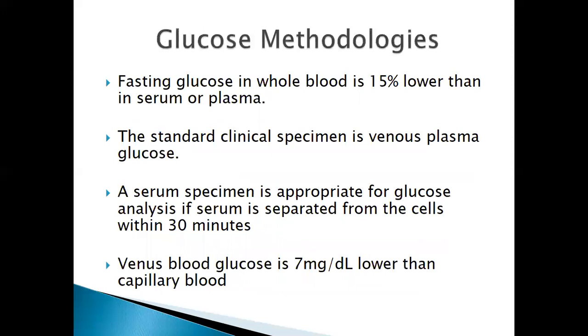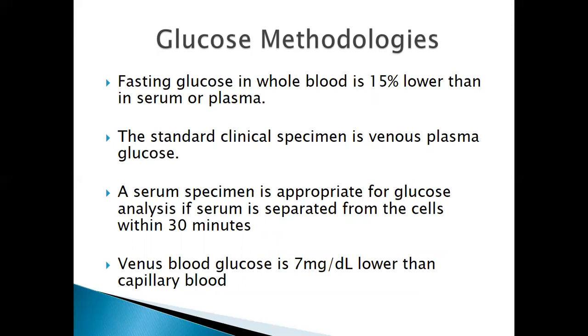Fasting glucose in whole blood is 15% lower than in serum or plasma. Why? Remember, whole blood contains cellular elements, and these are able to metabolize glucose, thus giving us lower glucose levels. The standard clinical specimen is venous plasma glucose.